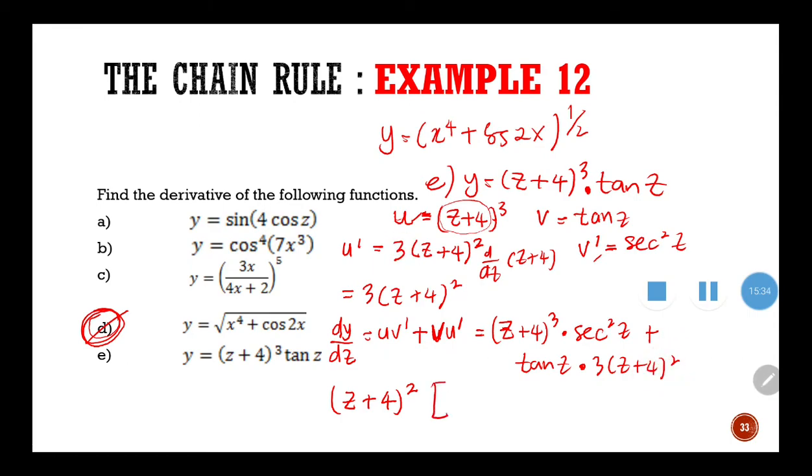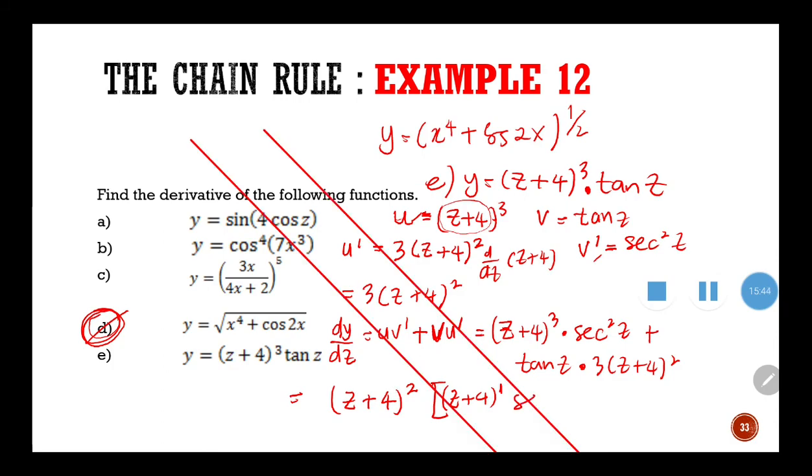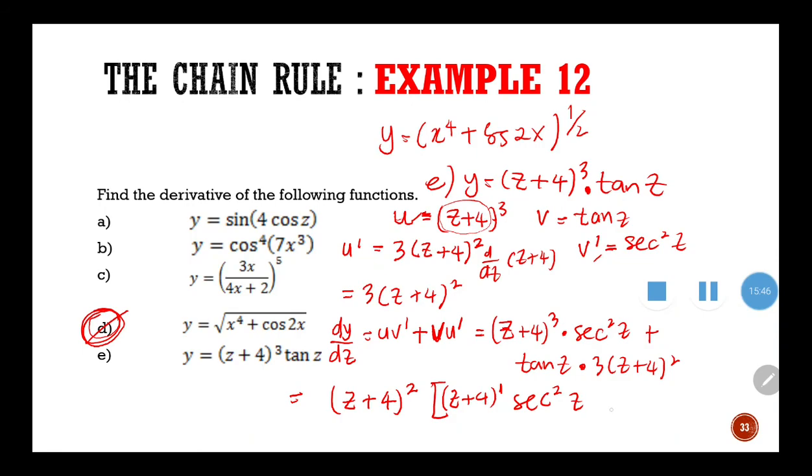So factor out, you akan ada kat dalam ni (z plus 4) kuasa 1 lah kan, because you keluarkan kuasa 2 tadi. Then secant square z plus with, yang ni tak ada apalah because you have brought out everything. So maknanya tinggal 3 je. So 3 saya letak kat depan, 3 tangent z.